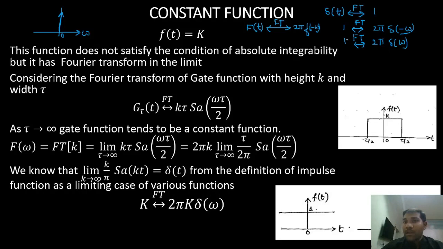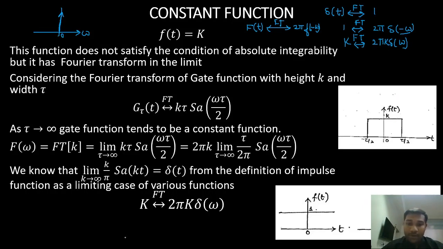Now I can multiply it with a constant on both sides. If I multiply this with k, it's just a multiplicative constant. So k has a Fourier transform 2 pi k into delta of omega, right?